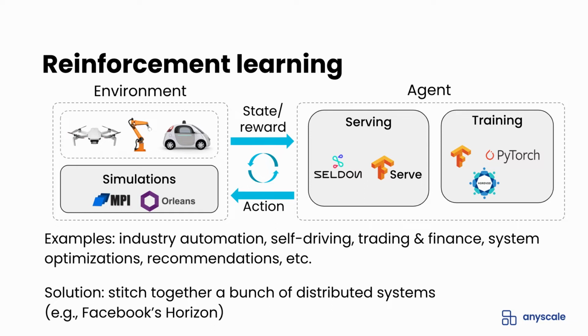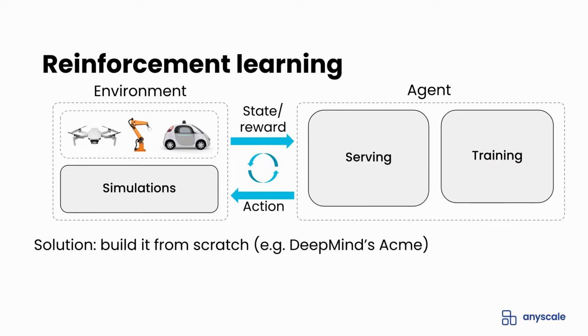One example here is Horizon, which was recently released by Facebook. A second solution is building specialized systems. Reinforcement learning powerhouses like DeepMind and OpenAI are building reinforcement learning systems from scratch, sometimes just to implement a single algorithm.